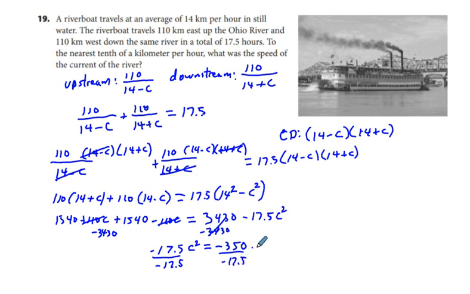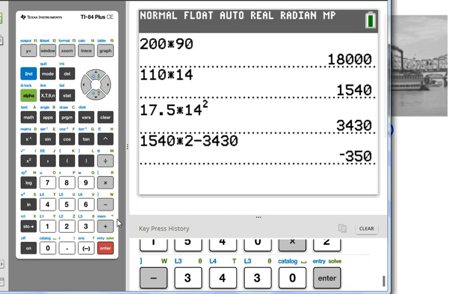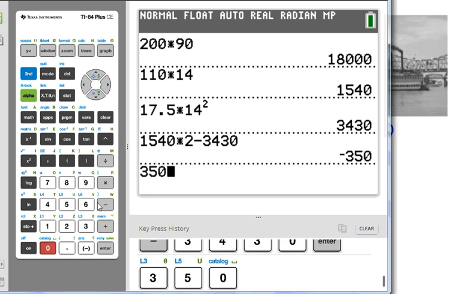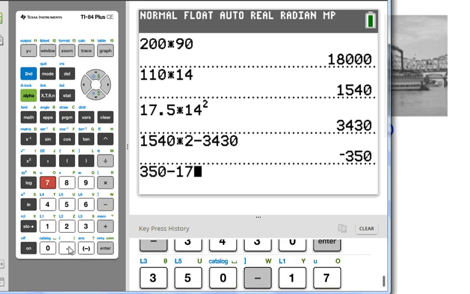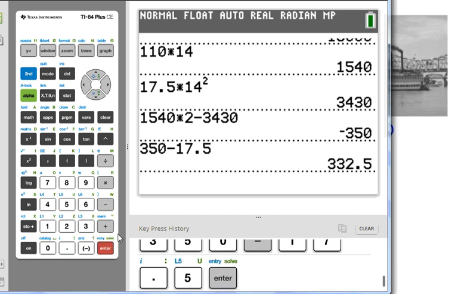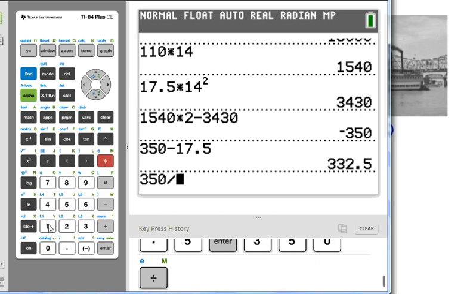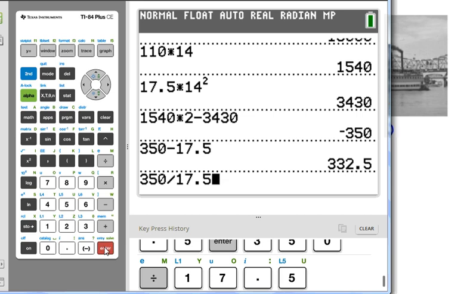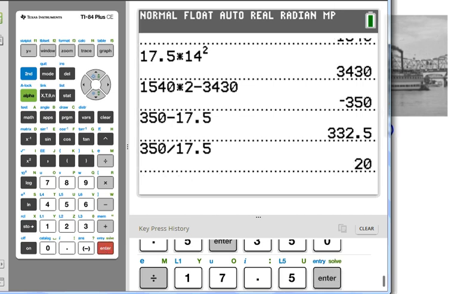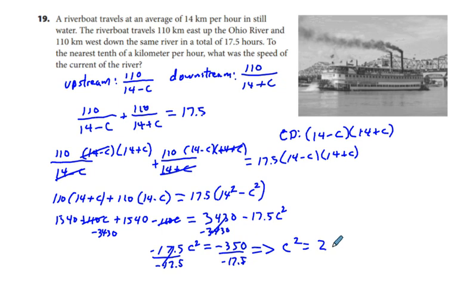And I'm kind of running out of room here below, so I'll work to the right. So we have c squared is equal to 350 over 17.5. I want 350 divided by 17.5. We get 20.